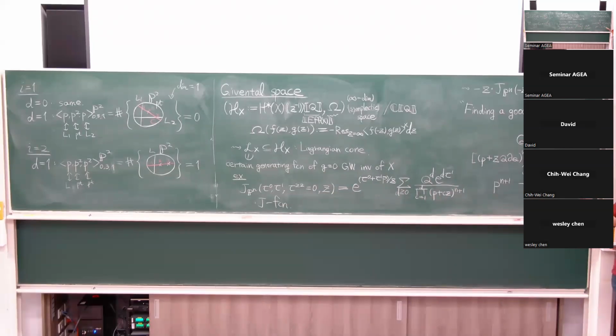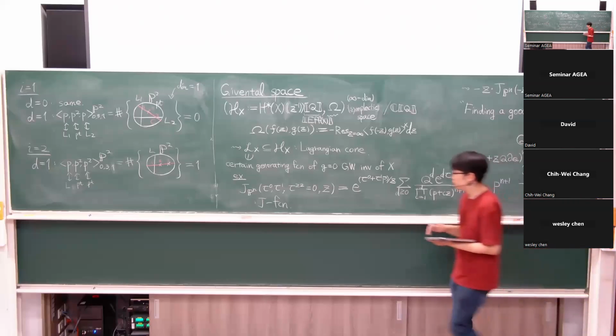In general, it is difficult to write down the partial differential equation explicitly, but we can do this in principle. So if we know the J function, then it is almost the same as knowing quantum cohomology.